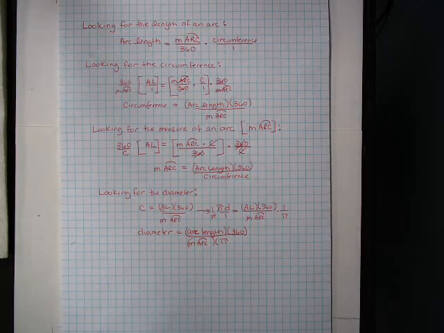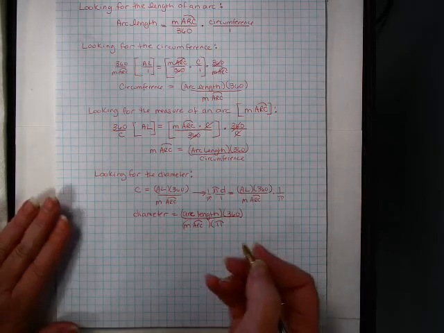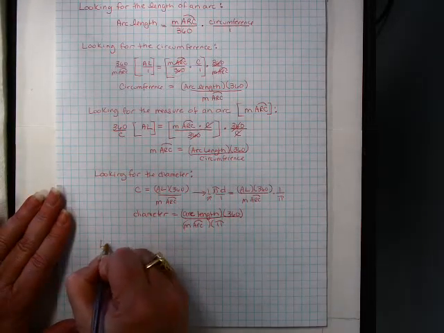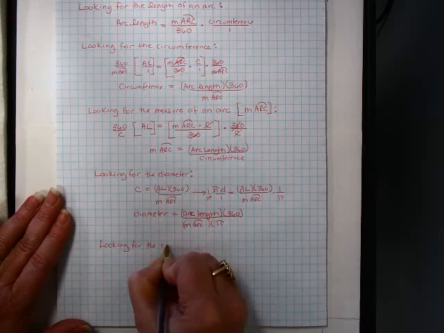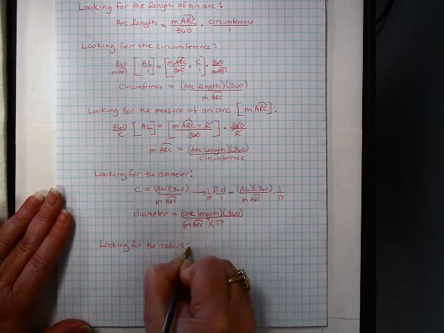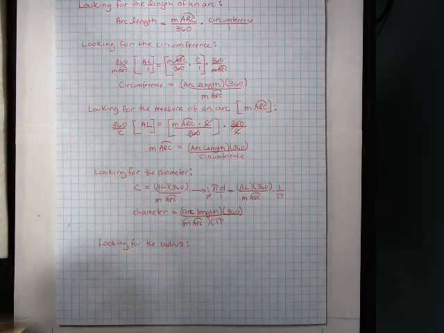Okay, I have one more. We're going to do this again, and this time we're going to look for the radius. So, looking for the radius. Okay, again, I'm going to start with the circumference.